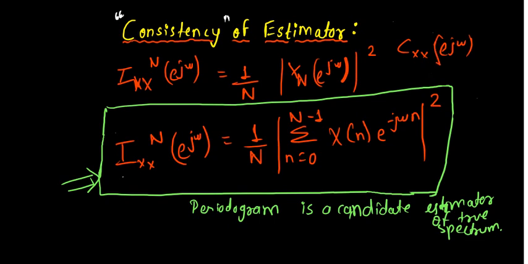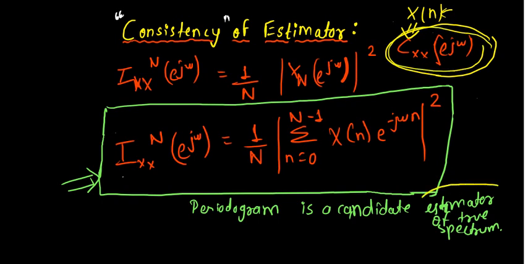So given a random process x of n in the discrete domain, what is our target in this entire lecture series? The target is that we want its spectral estimate. But since this is a random process, we can't get the actual value, that is Cxx of e power j omega, but we get the estimated value. And this estimated value is given by this periodogram, right?